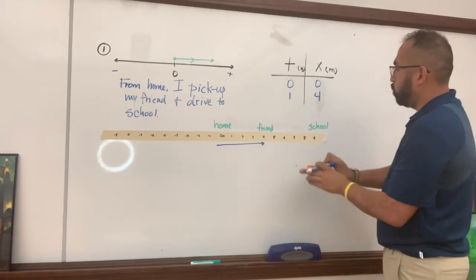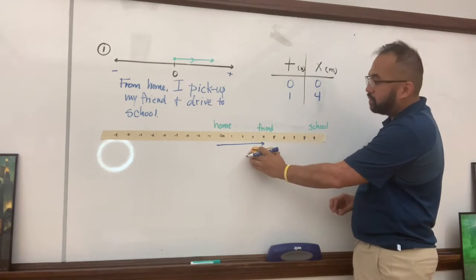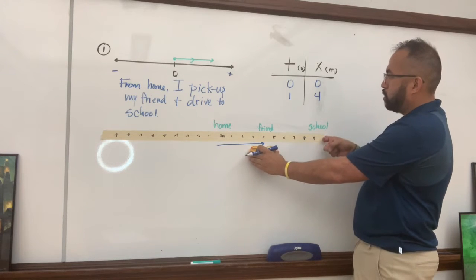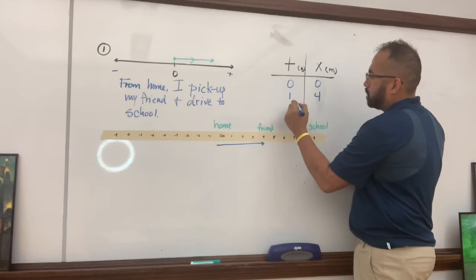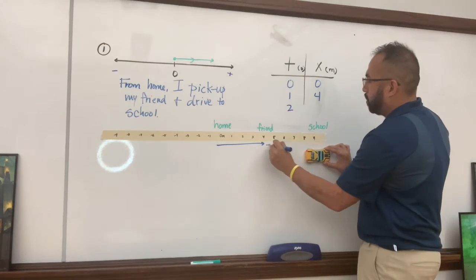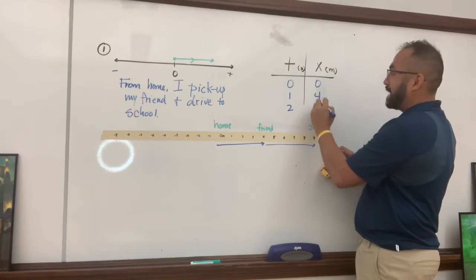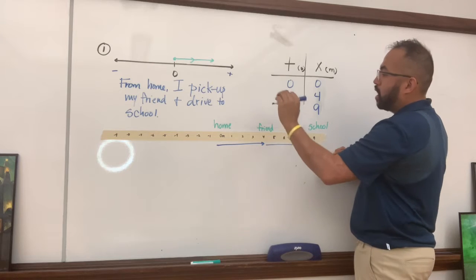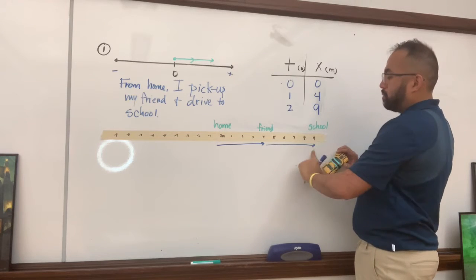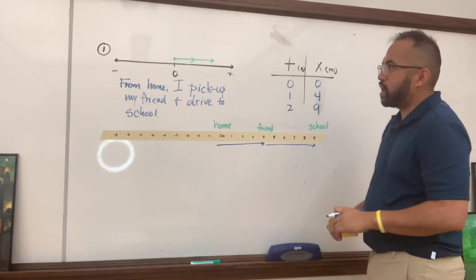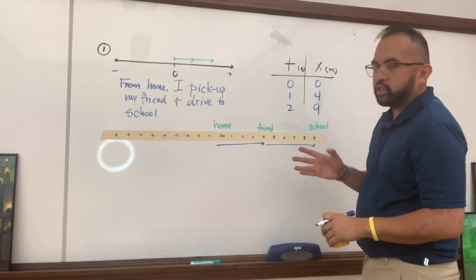After you picked him up, you decided to go to school, hopefully. You drive from your friend's house to school. So that means that at second 2, you reach school, and your position is 9. Not necessarily 5, but your position related to where you started off from is 9. So that's our first example for position and time graphs.